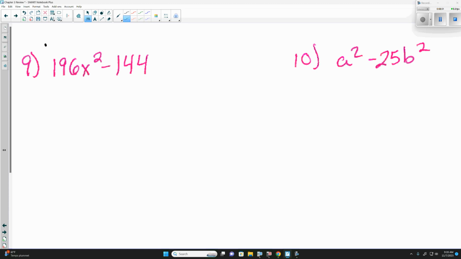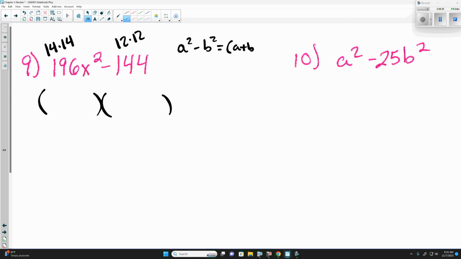So we know 196x squared is a perfect square because we can say 14x times 14x, or 14x in parentheses squared. 144 is 12 squared. And so this is our difference of perfect squares, which in the general form is a squared minus b squared is equal to a plus b times a minus b.